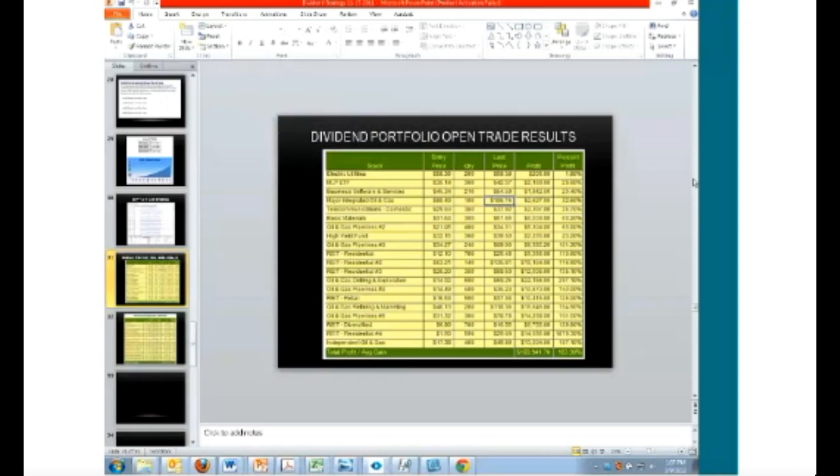Okay, here's a question. How does Chuck find these dividend stocks? What I do is I will go on to Yahoo Finance or Google Finance, and I'll look at that industry. Let's say it's the MLPs.